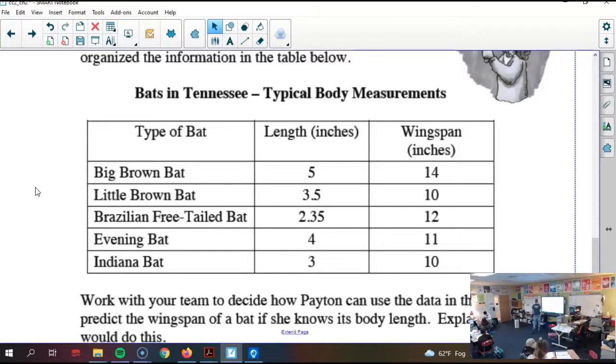So since she's trying to figure out the wingspan from the length, is the wingspan bigger or smaller? Bigger.